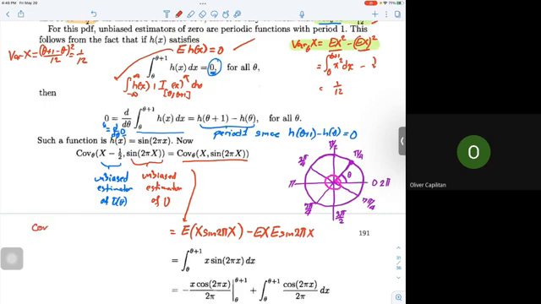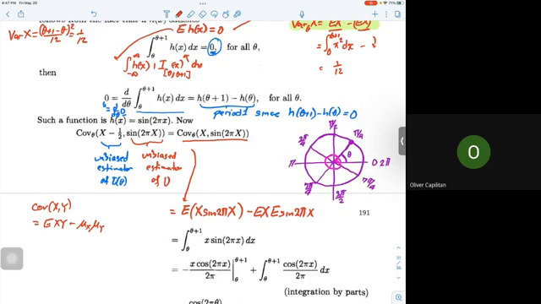Yung covariance ng x and y is equal to the expectation of xy minus the mean of x, the mean of y. Yan yung formula natin. Pero ano yung mean? Unbiased estimator of 0 man ito, so the expectation of sine 2 pi x will just be equal to 0. So the whole term will just be equal to 0.